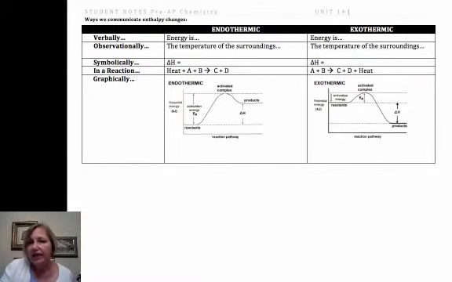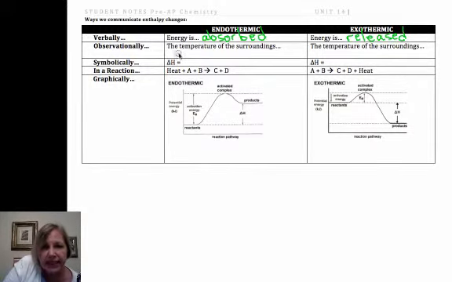Now, I came up with this little chart to help us wrap our minds around all the different ways that this is communicated, because it's not simply absorbed, released. Okay, so here's a chart in which we talk about verbally, we would say energy, if it's endothermic, is absorbed. So you want to look for words like that in a problem. If it's exothermic, we say energy is released.